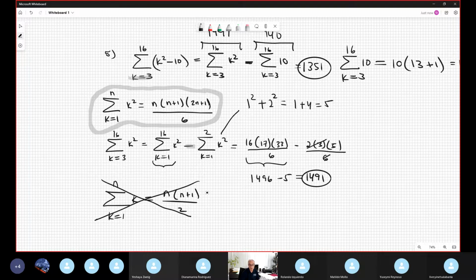Okay, this is one problem. The most complicated problem, in my opinion, is that the summation does not start in 1, it starts in 3. Therefore, you split the summation into one summation that starts at 1 to 16 and another summation that starts at 1 to 2. Therefore, when you subtract each other, obviously we get the summation from 3 to 16.